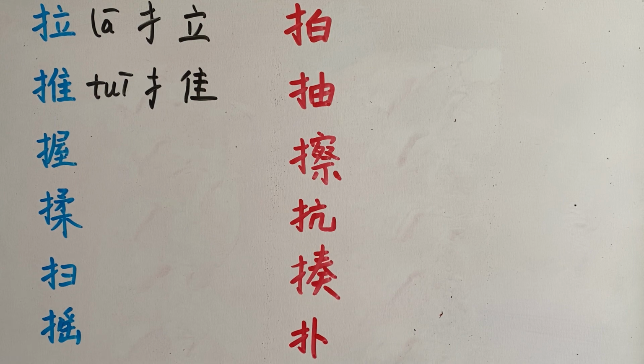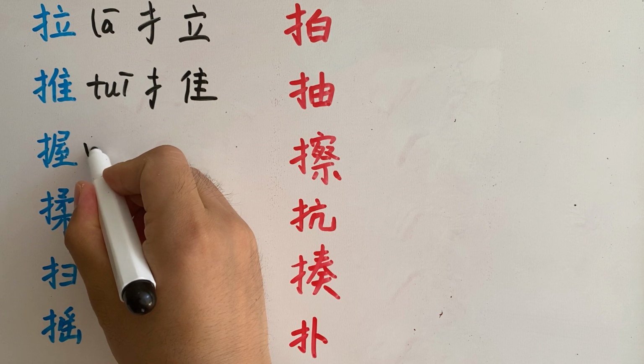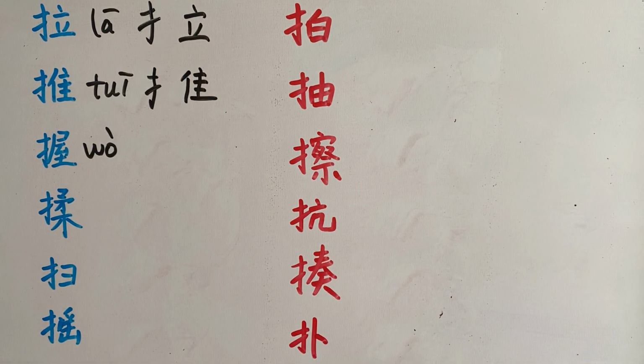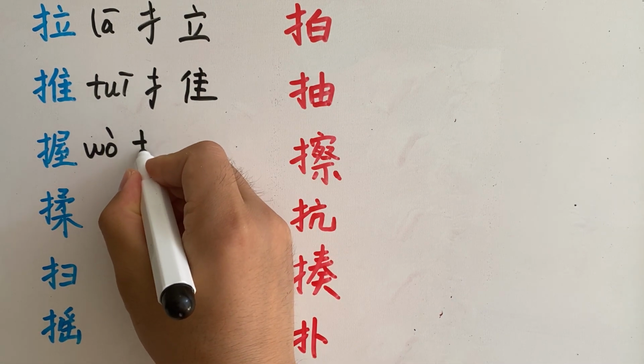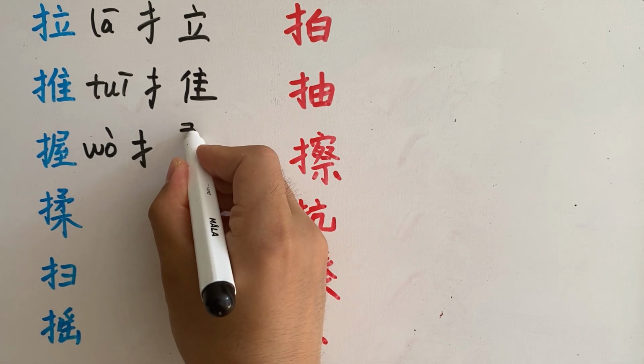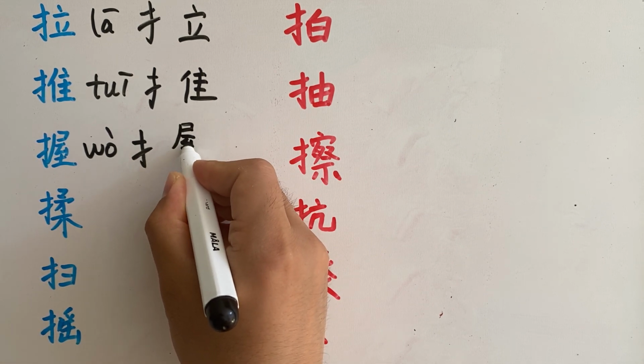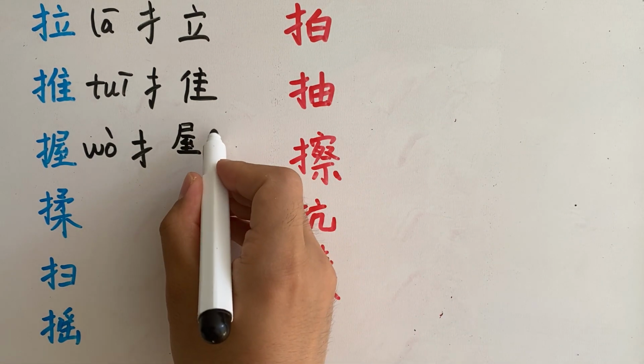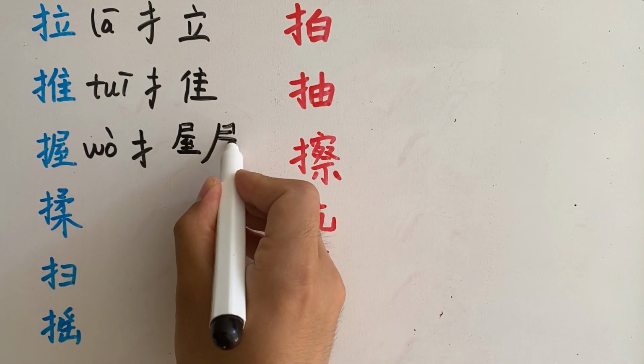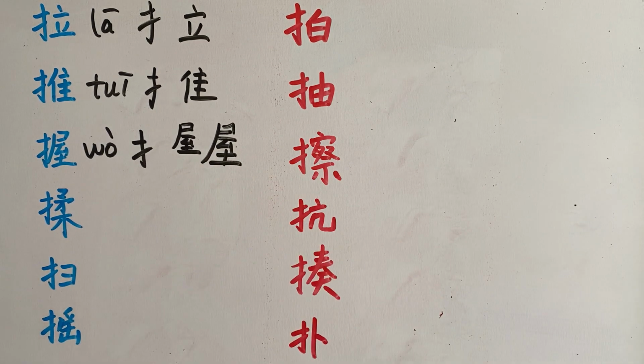Next one is 握, Chinese pinyin 握, the fourth tone. 握, it means to hold something in your hand. It's written like this, the left part, the right part. Right, I'll write this again. 握 to hold. 握手 shake hands, right? 手 is hand.